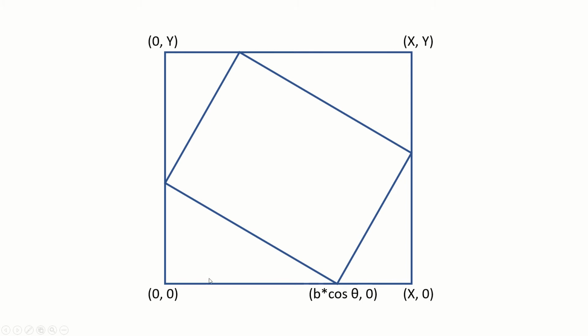That's x, a cosine theta, because this is x, and this distance is the new y. Therefore, that's a sine theta, y, this is 0, b sine theta. So we already know what a and b are, we know theta, we get these 4 coordinates, problem solved.